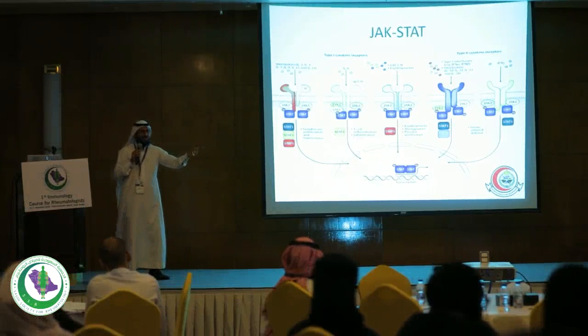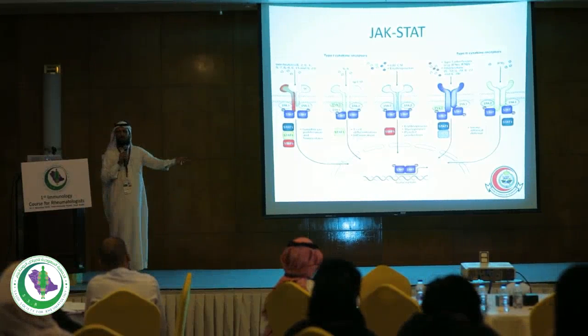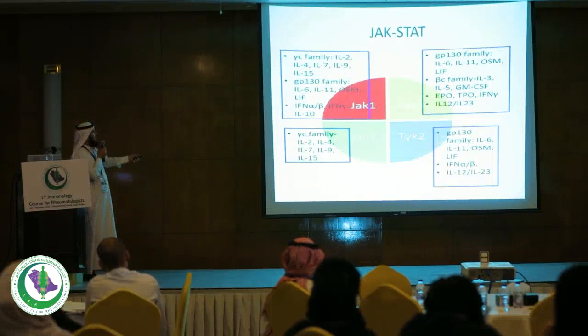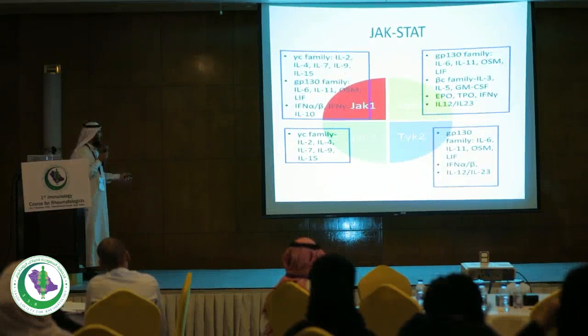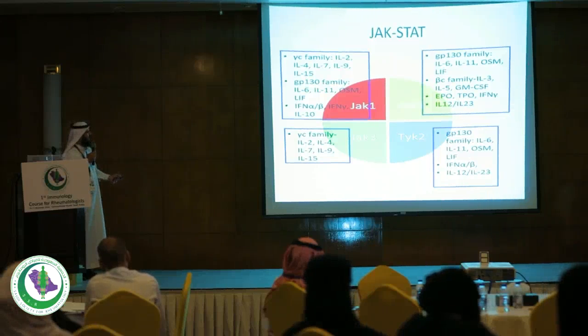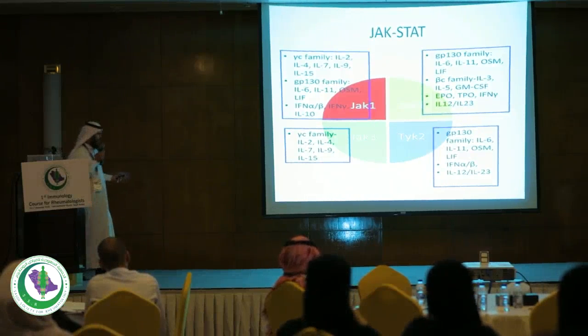Roxo is the most important for JAK1, JAK2, while Tofa is the most important for JAK3. And this is now all the JAK. You can see JAK1 is good for interferon, good for all the gamma chain cytokines. JAK3 is the most important for gamma chain cytokines, like IL-4, which is important for allergy.